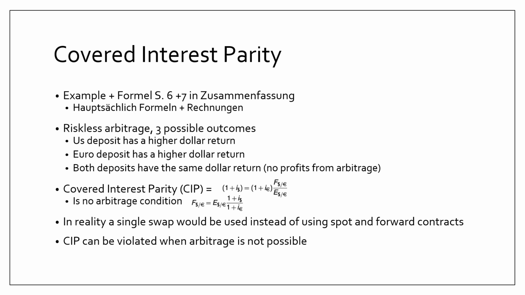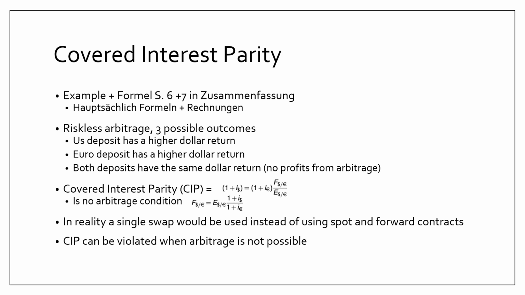Covered interest parity. Riskless arbitrage. We are starting with an example. Suppose you are trading in New York. Home currency is dollar. Suppose the forward exchange rate agreed today to exchange euros for US dollars in 1 year is F USD per euro.